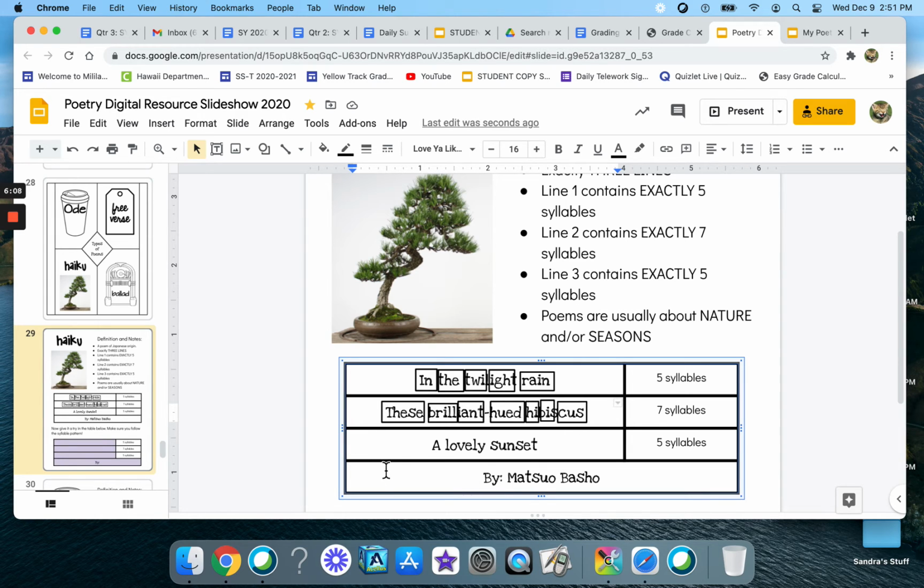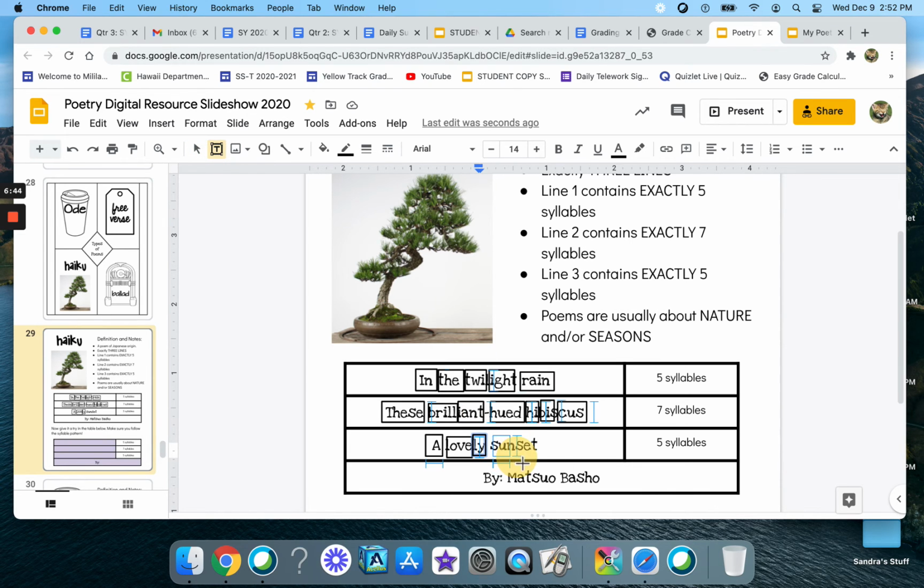And then the last is a lovely sunset. So that is also 5 syllables. So A is 1 syllable. Love is another syllable. Lee, as part of lovely, is another syllable. So lovely has 2 syllables. Sunset has 2 syllables.